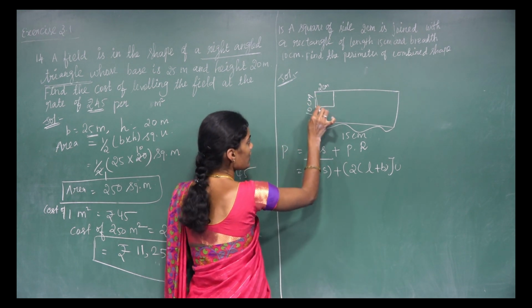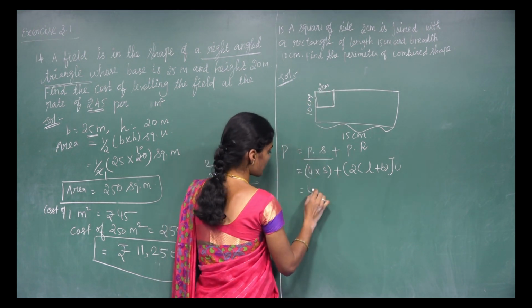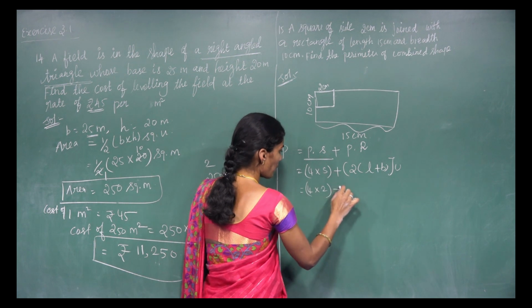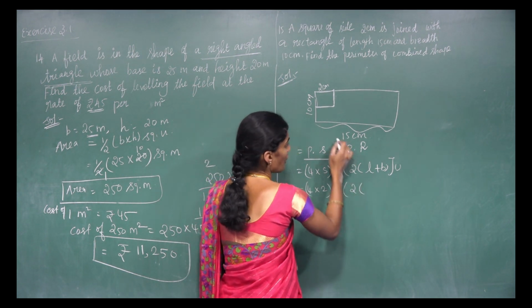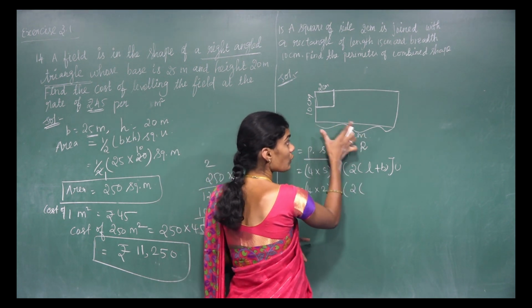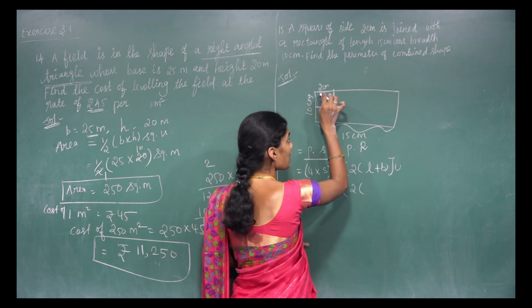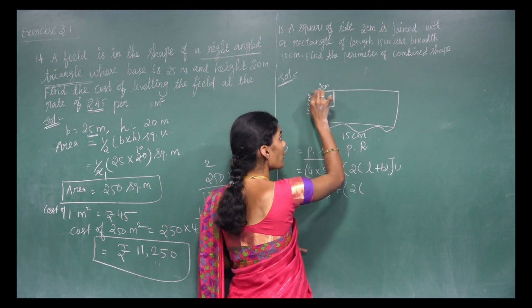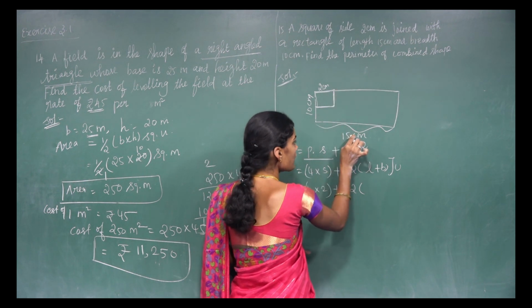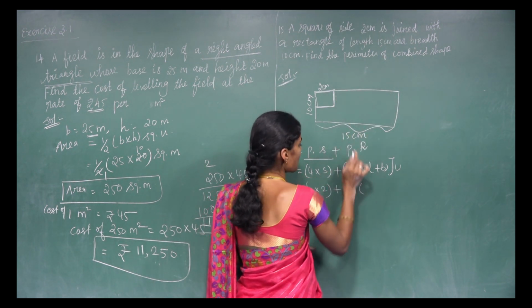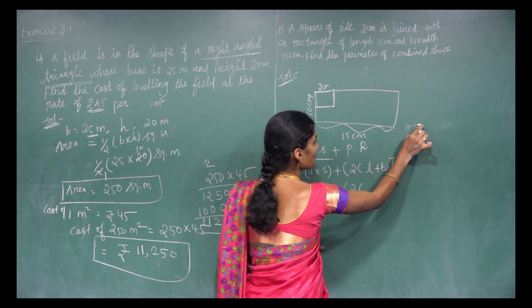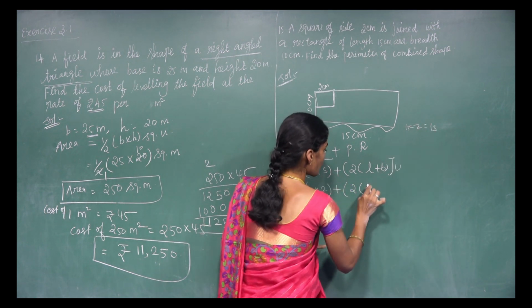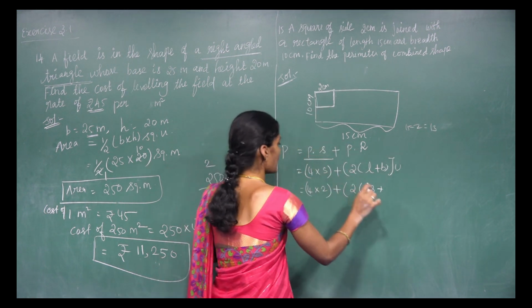What is the square's side value? 2 centimeters. So 4 into 2 plus 2 into, what is the length of rectangle? Totally 15 centimeter, but in this area the side occupied 2 centimeter. So 15 minus 2, 13. The breadth value is 10.